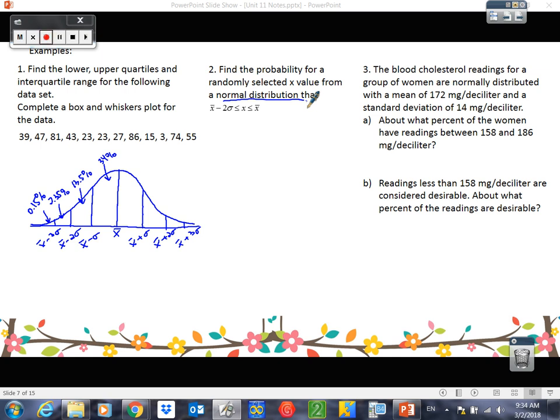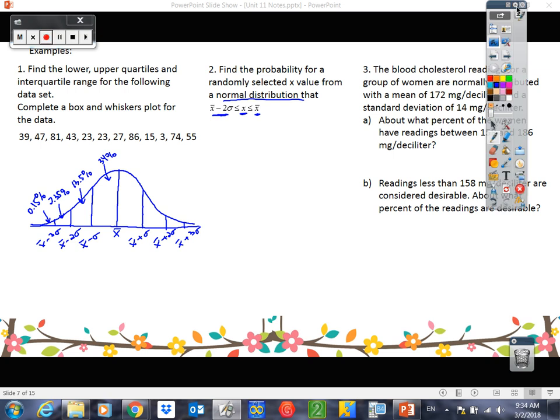Okay, so let's look at number 2. Find the probability for a randomly selected x value from a normal distribution that, and let's kind of pull this apart. What does this mean? So this is what we're looking for, x. X is between the mean and the mean minus 2 standard deviations. That's what x is.